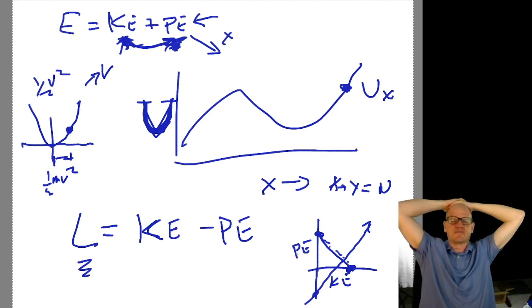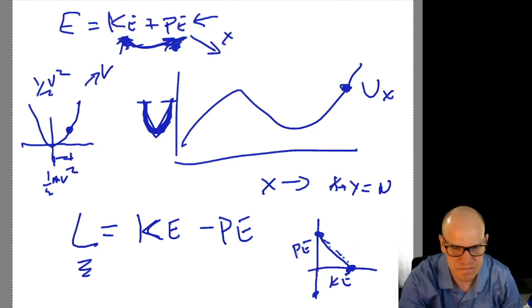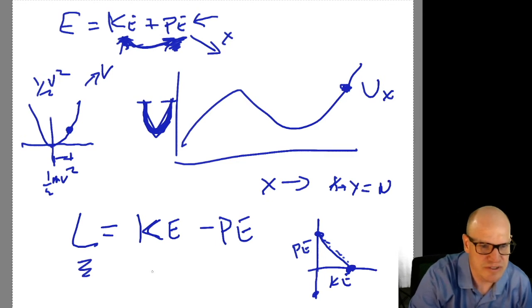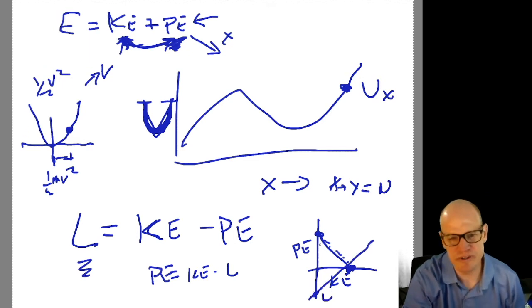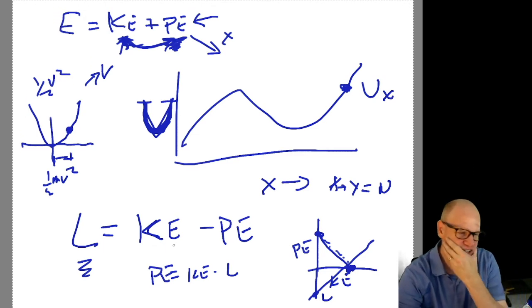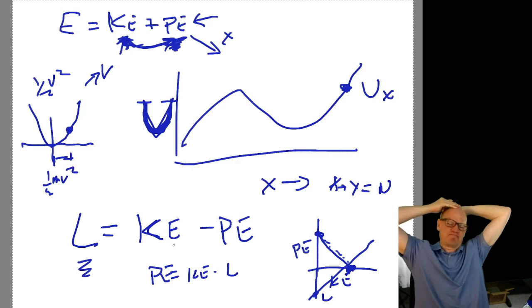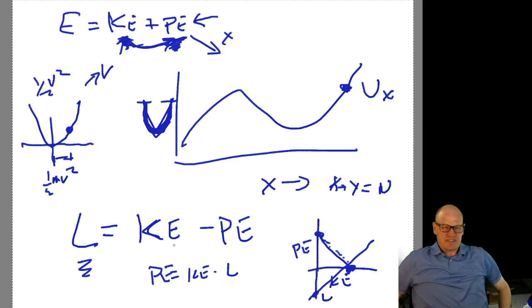Oh, okay, hold on, I got it. So this gives me potential energy equals kinetic energy minus L. So this is L down here. Anyways, the point being that if the potential energy is bigger than the kinetic energy, you're going to get a negative number. And if the kinetic energy is, what did I do wrong here? I can't believe this. It's basic algebra, and it's not working the way that I expected it to.